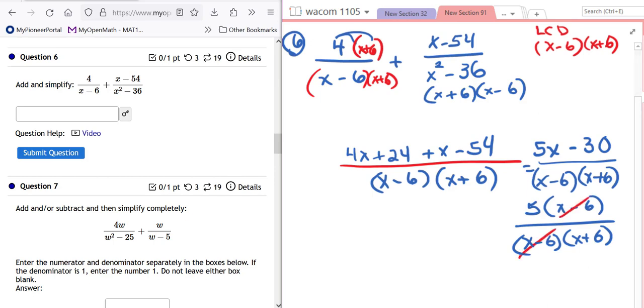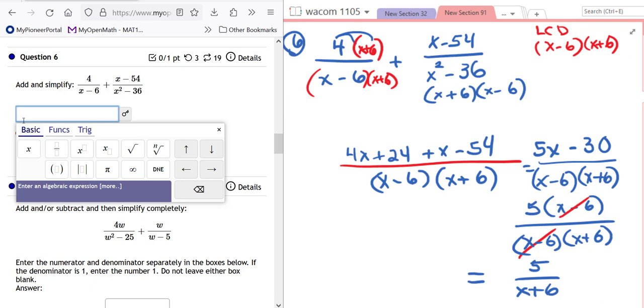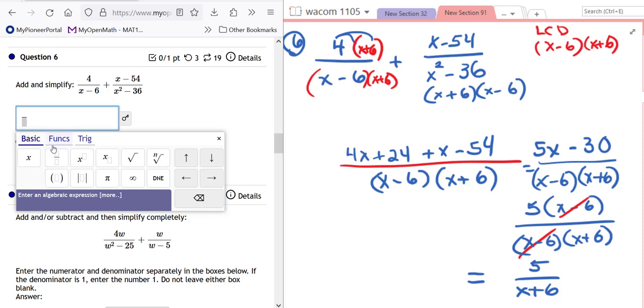So the final answer there will be 5 over x plus 6. If you left it here, because it would reduce, they would mark you wrong. So go here, 5 over x plus 6.